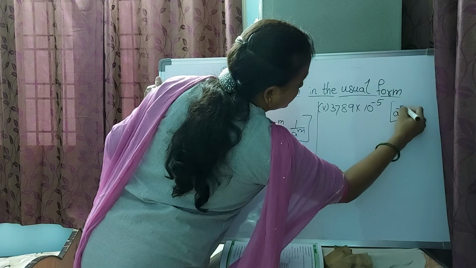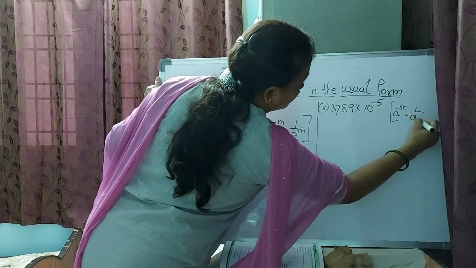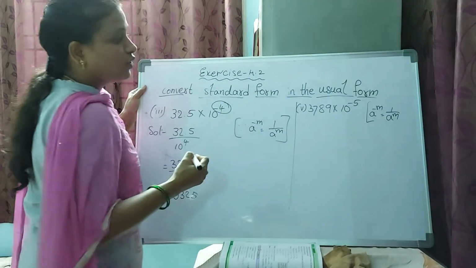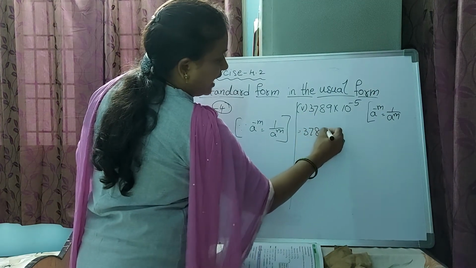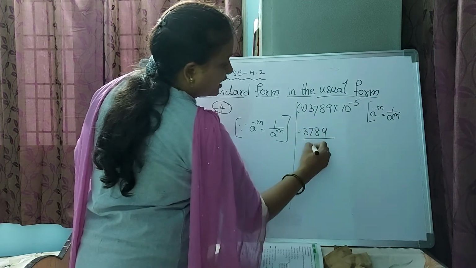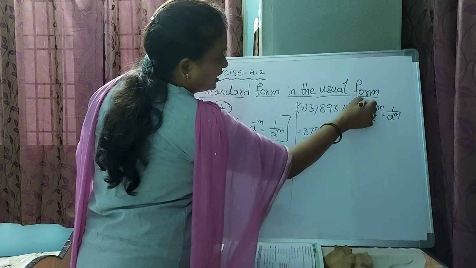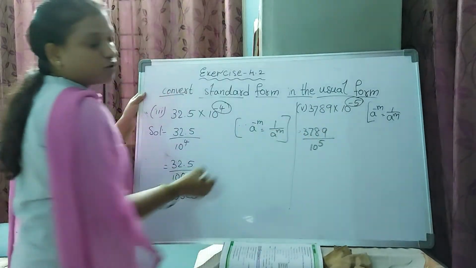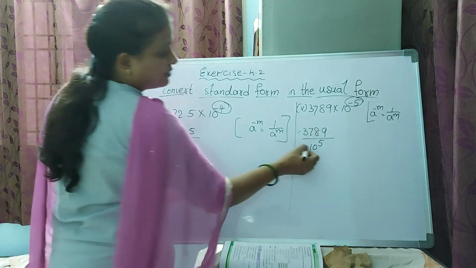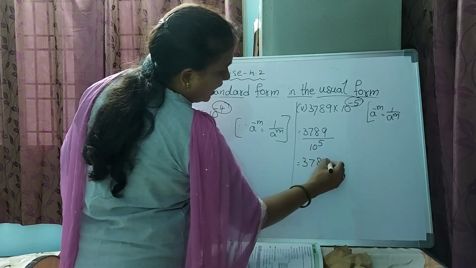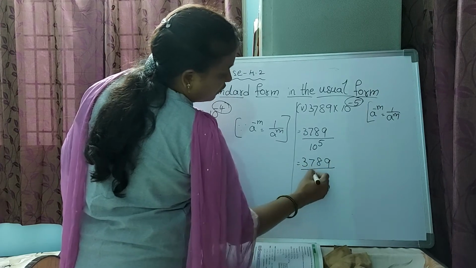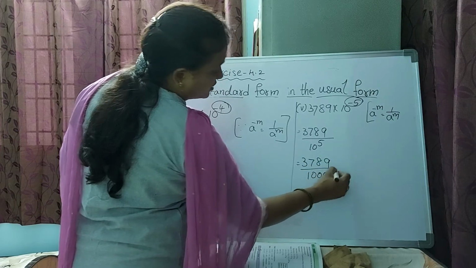A power minus m is equal to 1 by a power m. So, see here 3789 by 10 to the power of 5. Here negative, if it comes as reciprocal in the denominator, it becomes positive. So 3789 by 1, 2, 3, 4, 5 zeros.